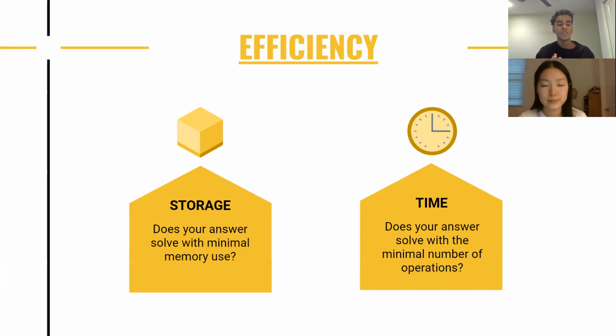So for example, does your solution solve the problem with minimum memory usage? This is considered storage complexity. And does your solution solve the problem with minimal operations? This is considered time complexity. And with that in mind, we'll dive into each of the data structures that are most common in these coding interviews and how you would use them and associated storage and time complexities.